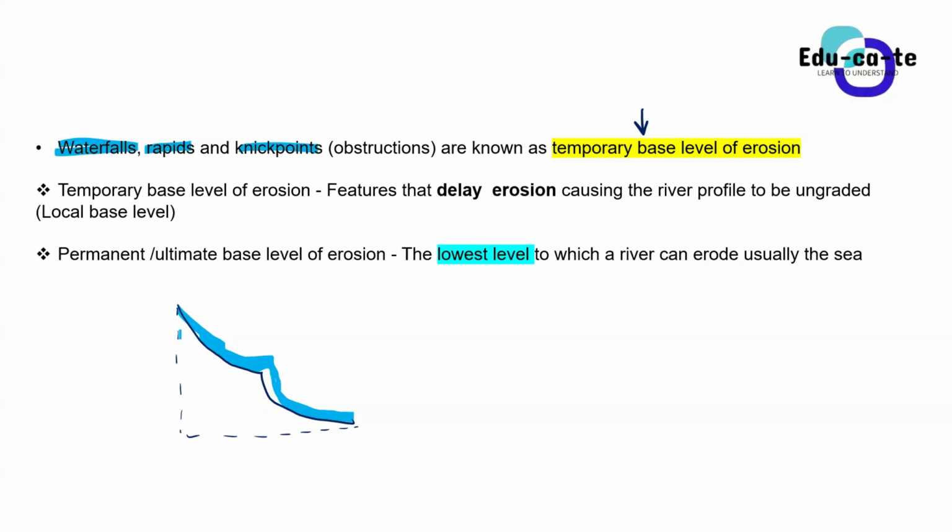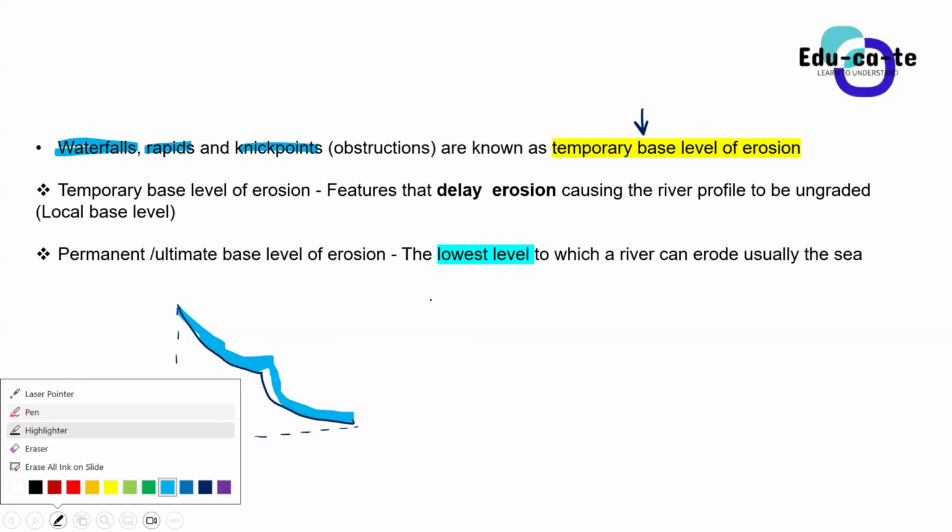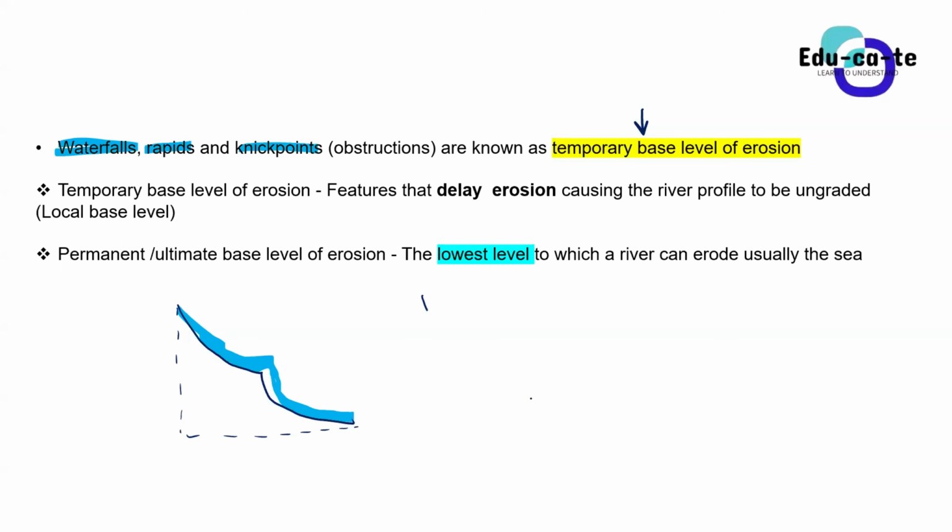So it means that things such as waterfalls don't last for long. If there is a lot of rain, this waterfall will end up disappearing in such a way that you will end up having a smooth profile, a graded profile.